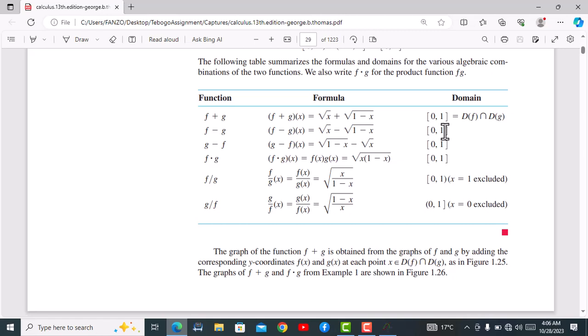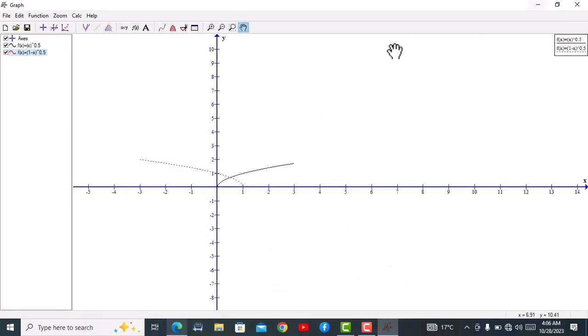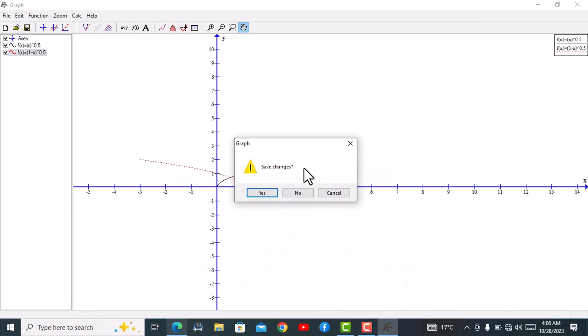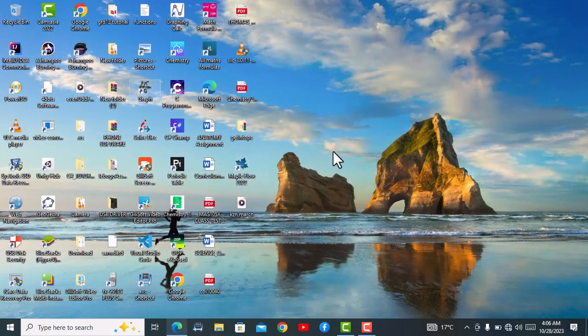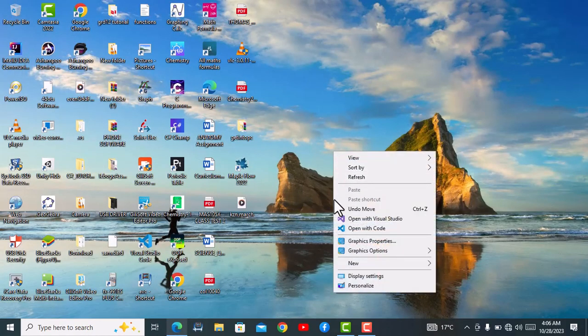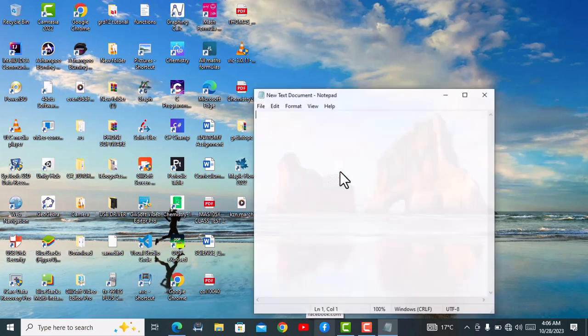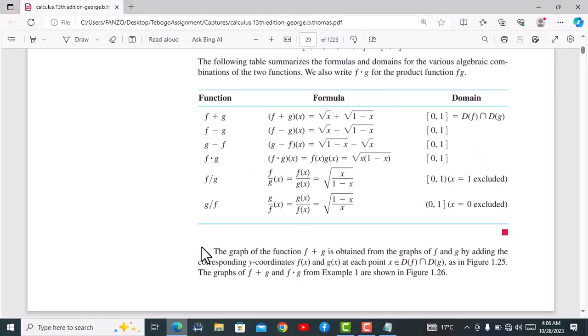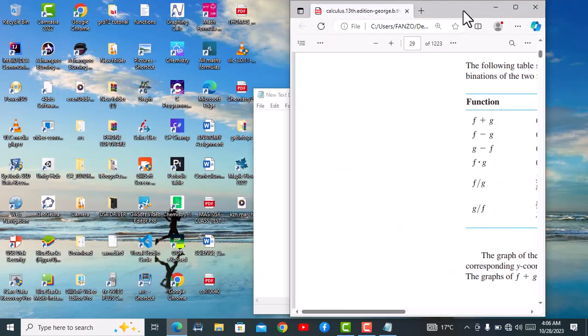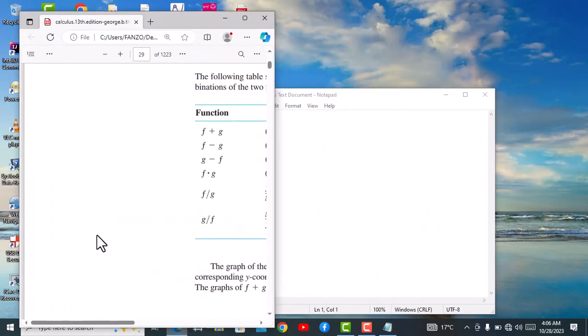I think I need to show you something. Okay, let's do this. Let me just go to a WordPad so that we try to understand this. I don't want us just to assume that we understand. I actually want us to understand this. So let us look at something.